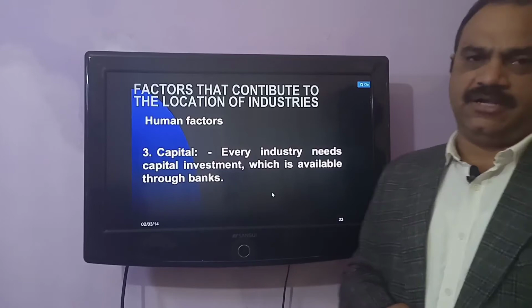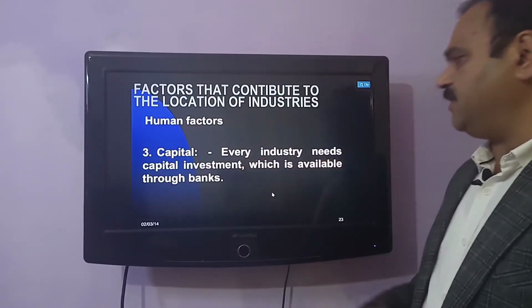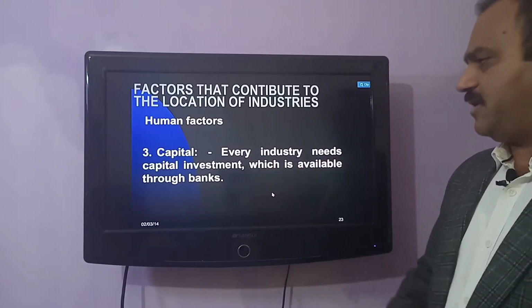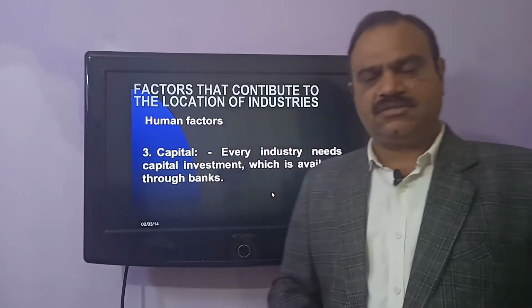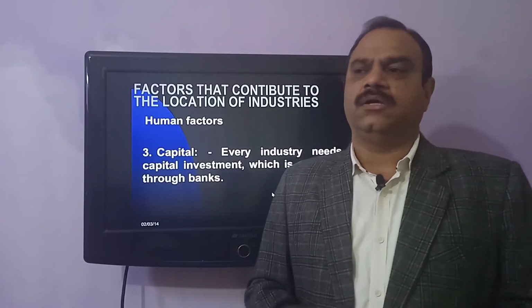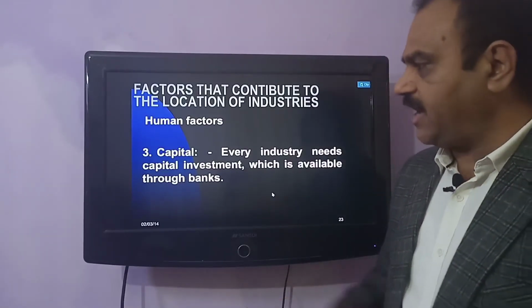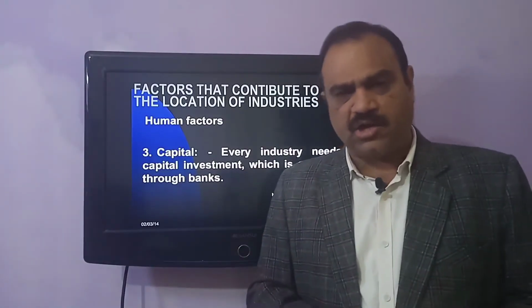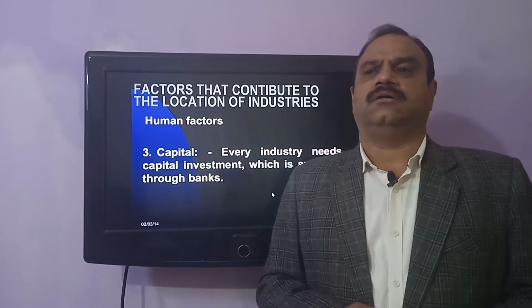And then the capital. Every industry needs capital investments which are available through banks. So capital, that is fixed capital, running capital, both are required in industries.